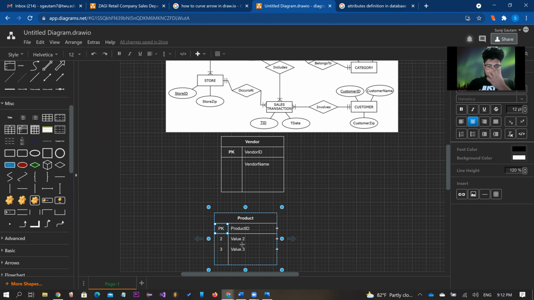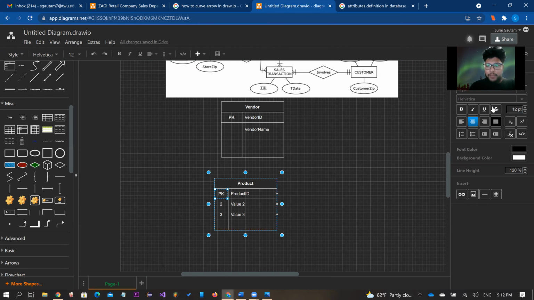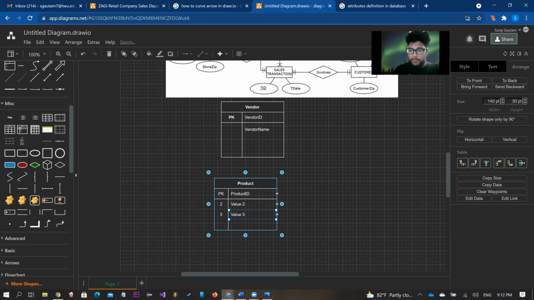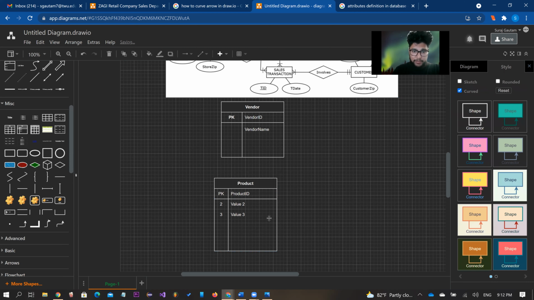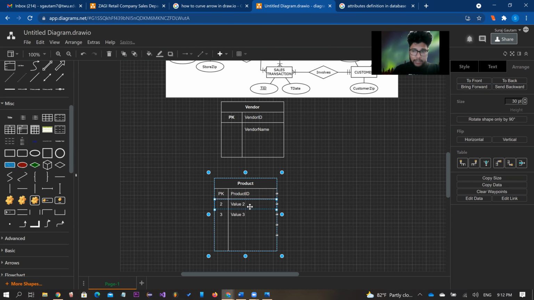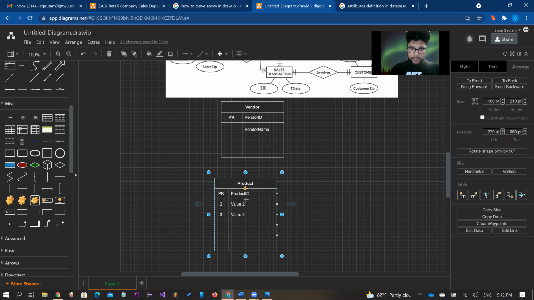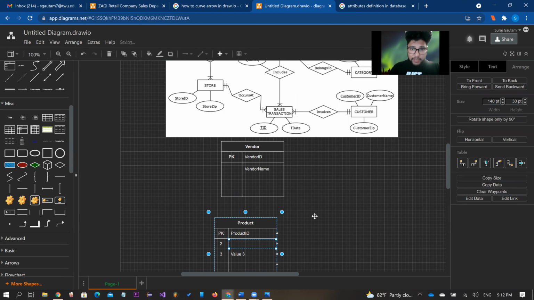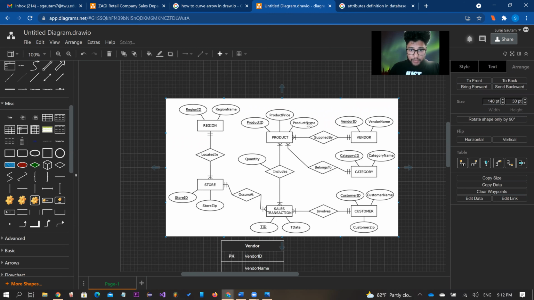So for the product, I think we probably have to insert a row. ID and the primary key. For the product ID, we have product price, product name.